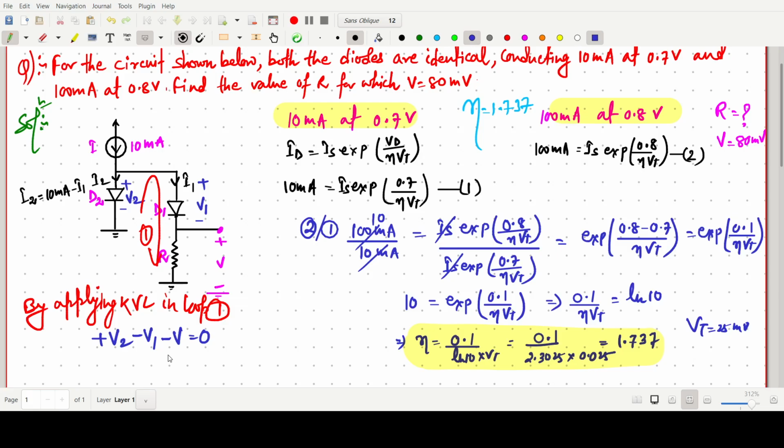So V equals V2 minus V1. If we find the value of V2 minus V1, we can easily find the value of V. This equation I am calling equation number 3.